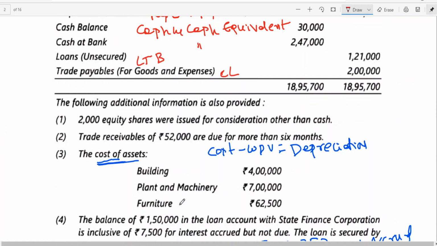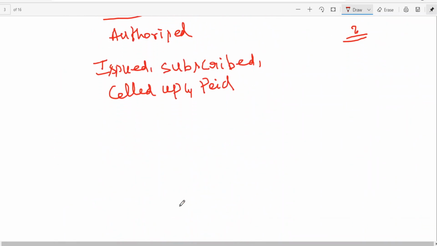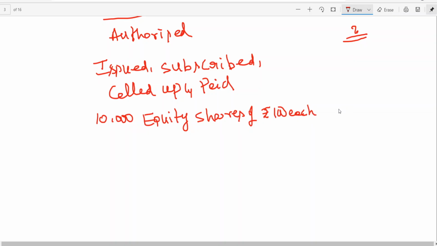Here, what I am writing is 10,000 equity shares of rupees 100 each. It is coming to what we are having.